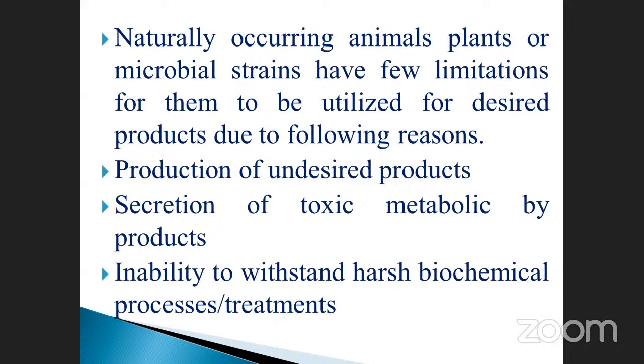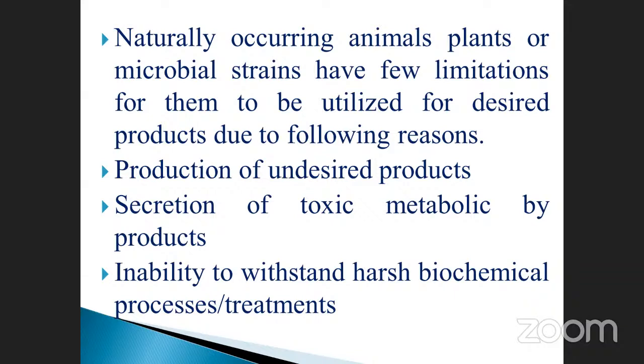Okay, see that. Production of undesired product. Suppose it is not possible, we can use it, and how it will be used as a useful product. That is why production of undesired product is the main one under biotechnology.